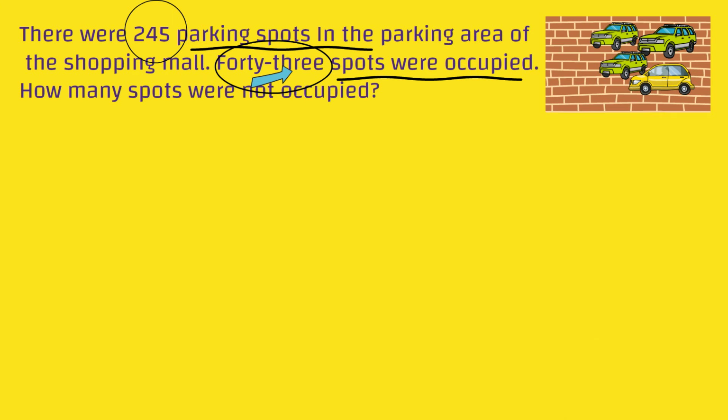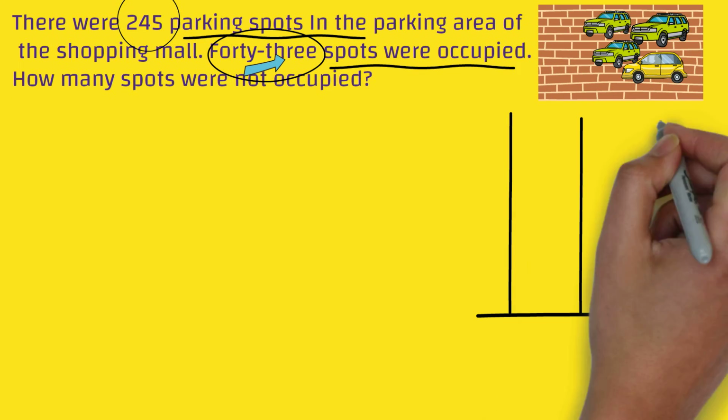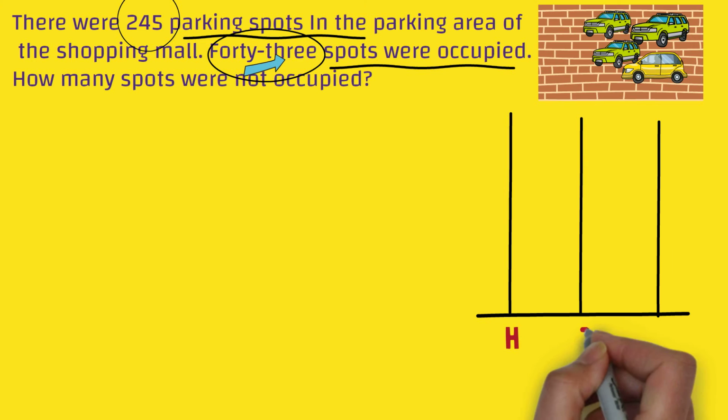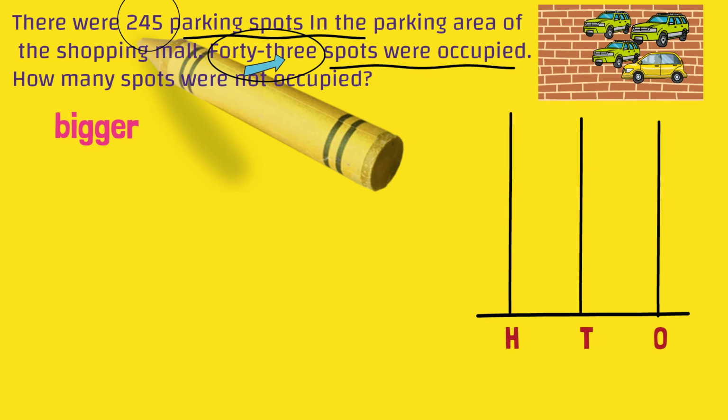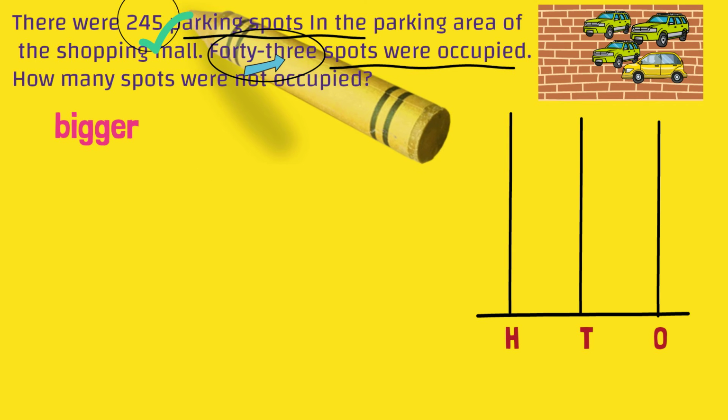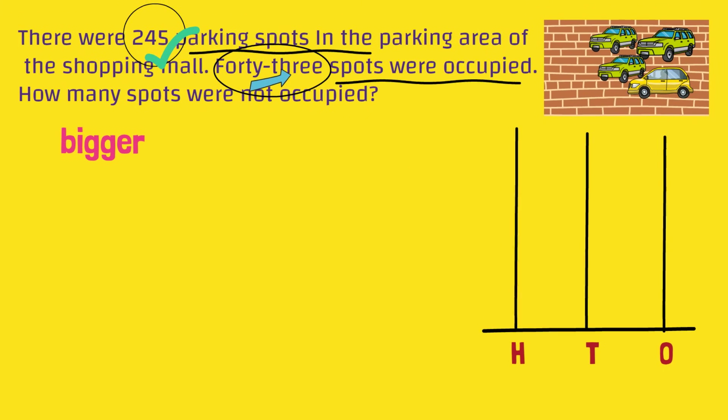First, draw an abacus with hundreds, tens and ones spike because we need to represent a 3-digit number. Now let's write the statement. In subtraction, we always have to look at the bigger number first. Which is the bigger number here? 245.